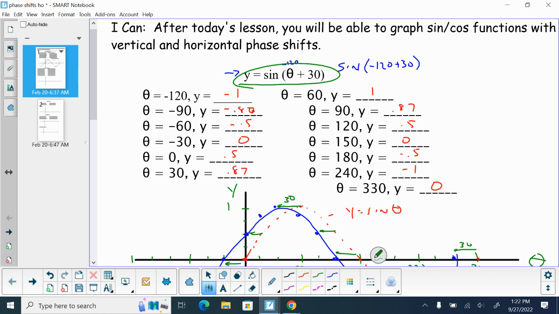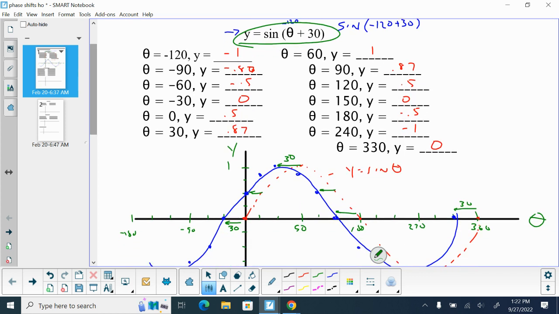What this is called is a horizontal phase shift. I will abbreviate that HPS for horizontal phase shift.